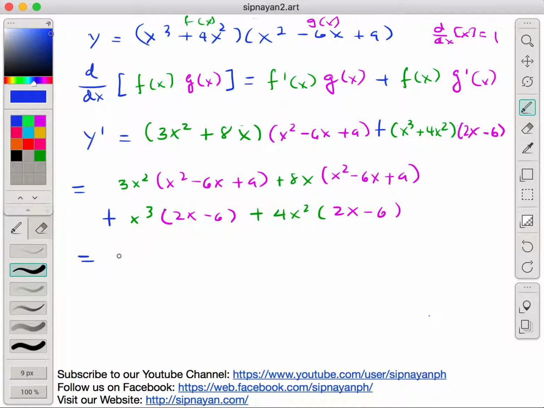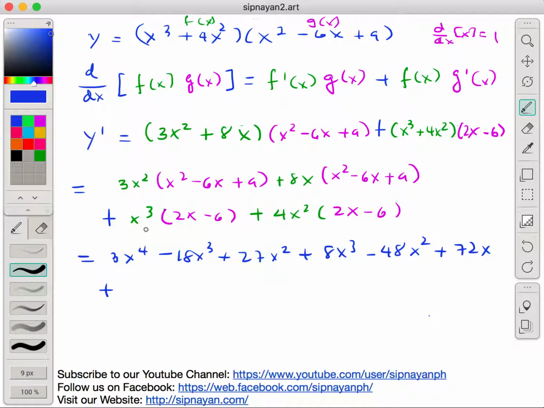So this is 3x to the fourth. Distribute ko na ngayon. Minus, this is 18x cubed. And then I have a plus 27x squared. And then ito, I have a plus, this is 8x cubed minus 48x squared plus I have a 72x.